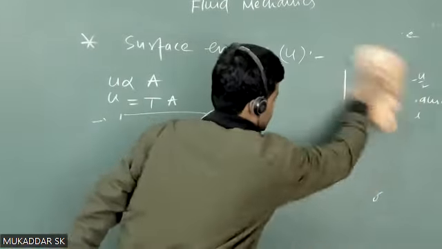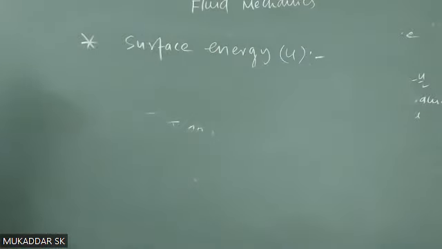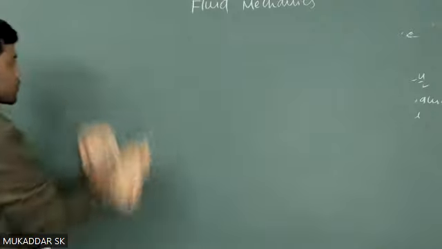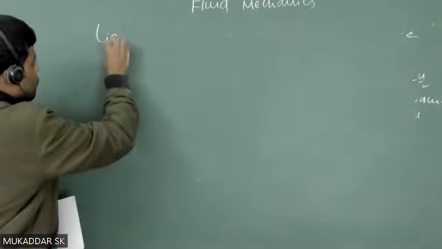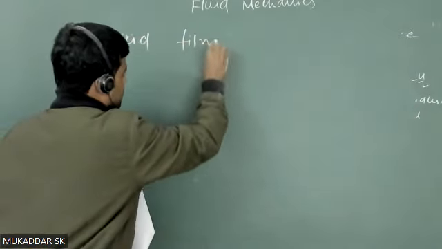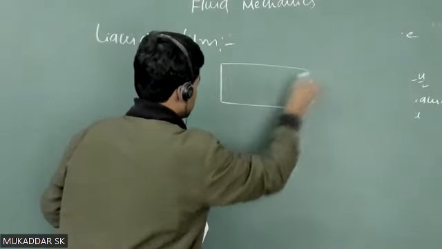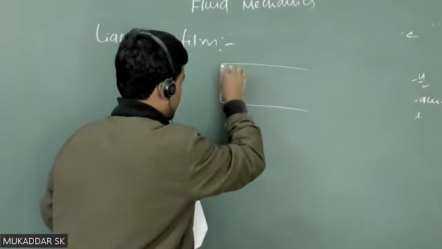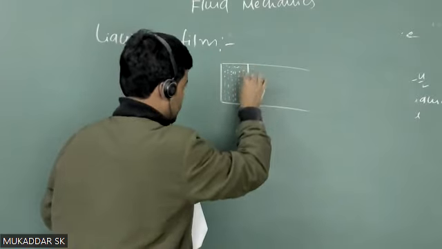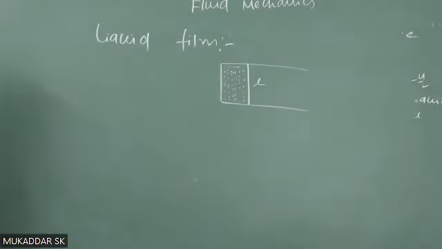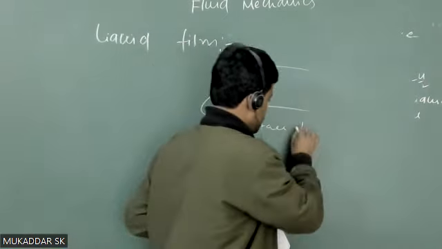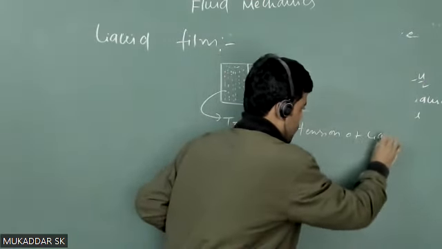Now suppose you have a liquid film, and there's a sliding wire having length L, and T is the surface tension of liquid.